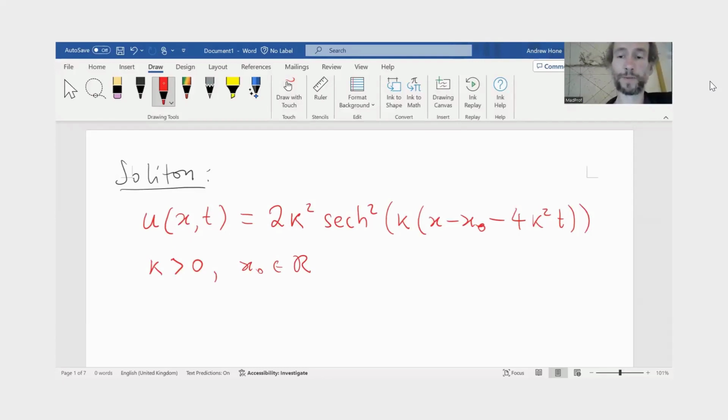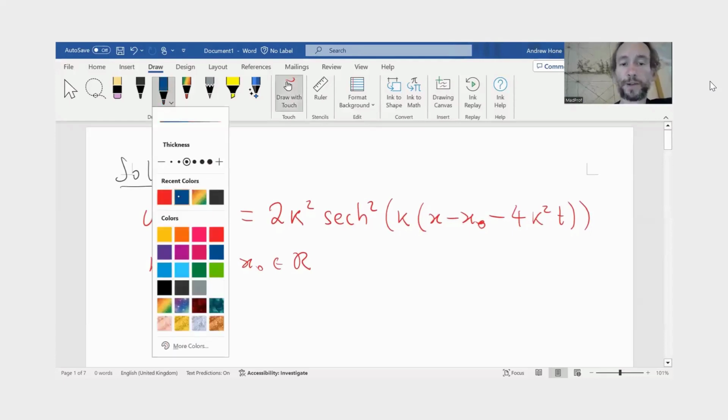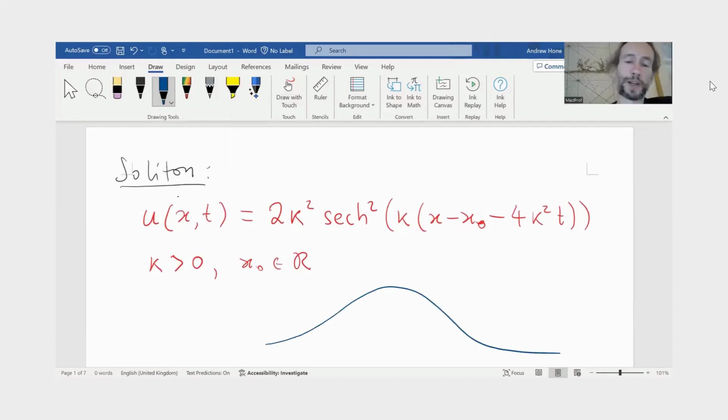So if you look at this formula, this is an example of what's called a traveling wave, and it has a fixed shape, which is this sech-squared shape, this kind of hump shape. And then the height of the wave, or amplitude, which is at the center, is 2 kappa squared.